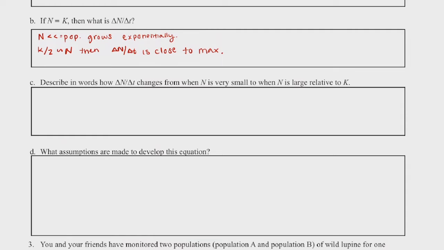And so when answering C, it is pretty similar to B in that we know that delta N over delta T is equal to no change in the population if it's equal to 0. And so similarly to said above, when N is very, very small, the population is growing exponentially.